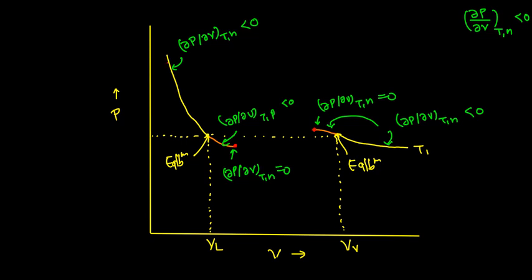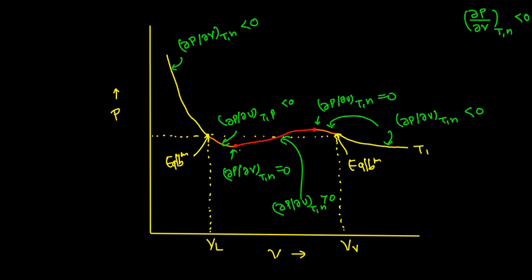But then I go on expanding my liquid, I go on compressing my vapor. So what I can do is come up with a curve such that I can join these two. But what happens to the stability criterion here? Here del P by del V is greater than 0.